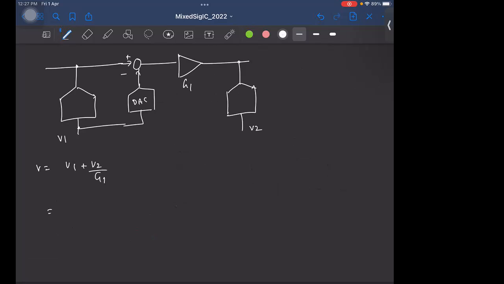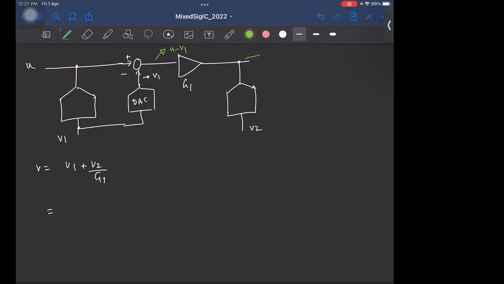So now, if the input is U, and let us say the DAC is functioning ideally, there is no problem. So the output of the DAC is a faithful reproduction of V1. Let's now talk only in terms of the input and V1. U minus V1, right?